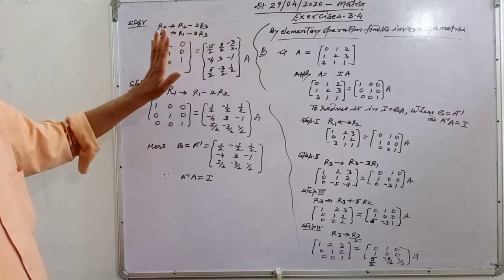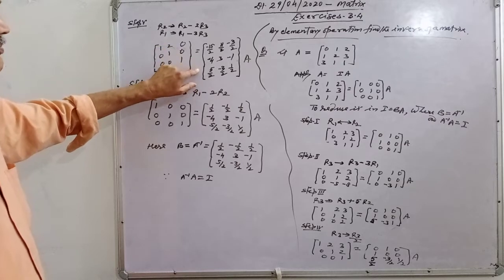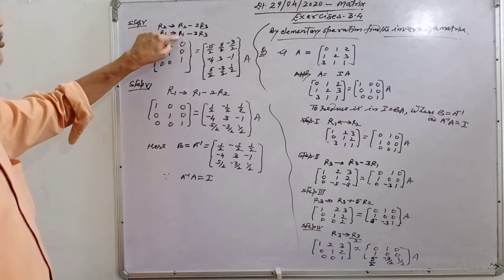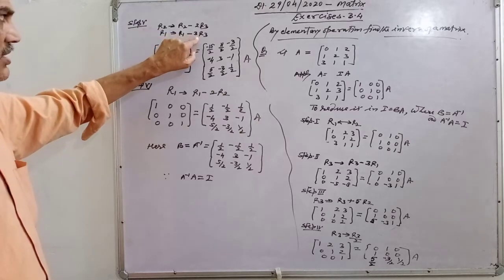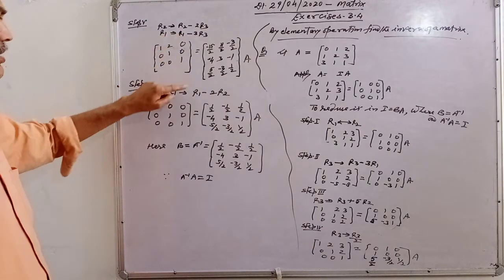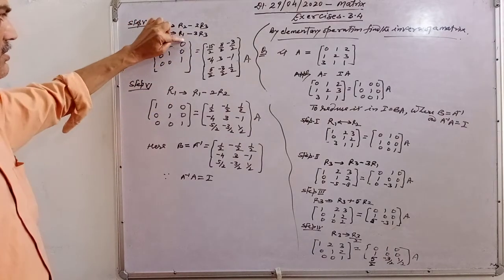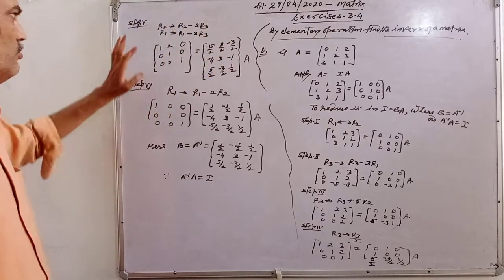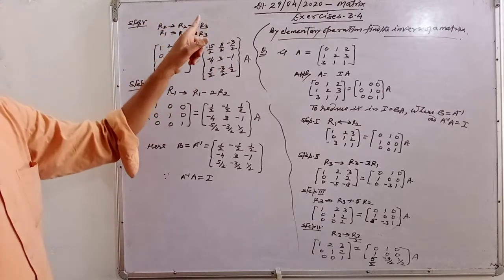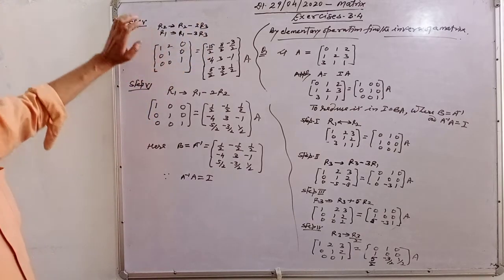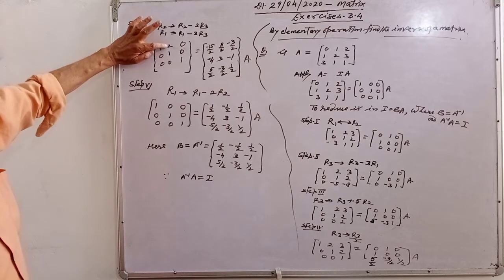On the right side, do carefully here, maybe a mistake: R1 minus 3 times R3, in R3 multiplying by 3, then subtracting from R1, then it becomes 1 2 3, 1 2 0, and on this side also R2 tends to R2 minus 2 times R3. Now the last step is making this element 0, means 2 should be 0 here.